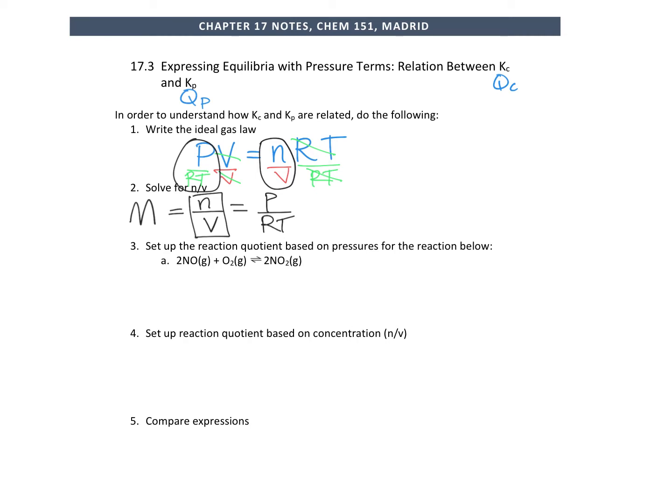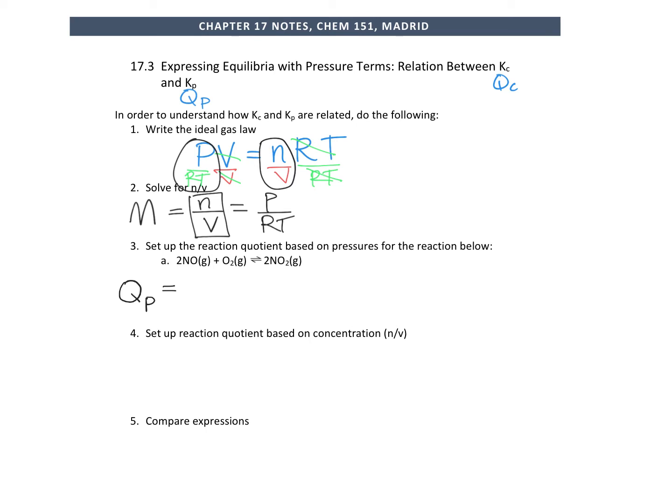Next step: to illustrate how Kc and Kp are related to each other, we're going to set up the reaction quotient based on pressures for the reaction below. Right here I have a balanced reaction. I'm going to set up the reaction quotient expression, so I'm looking for Q based on pressures, that's QP. Remember, I'm going to do products over reactants, but this is going to look a little different because we're looking for pressures.